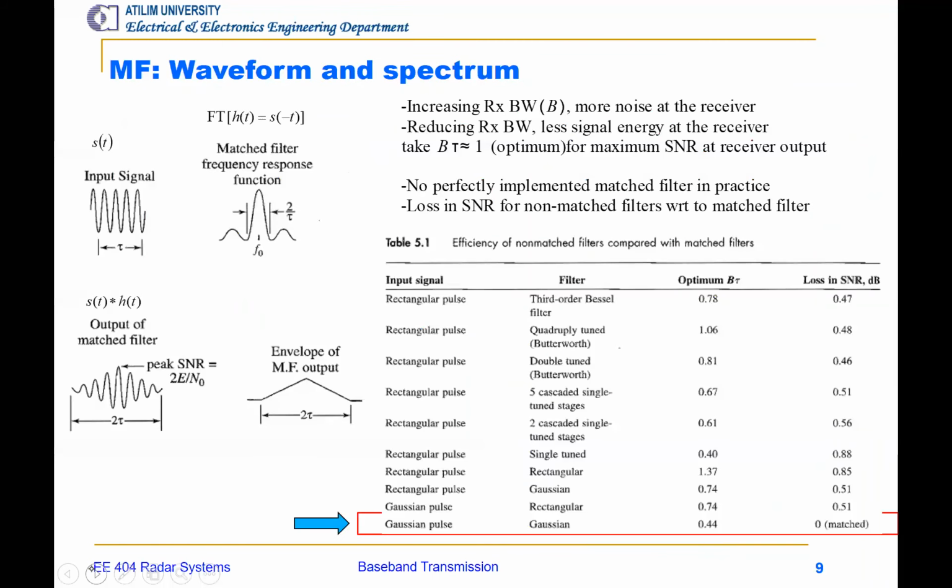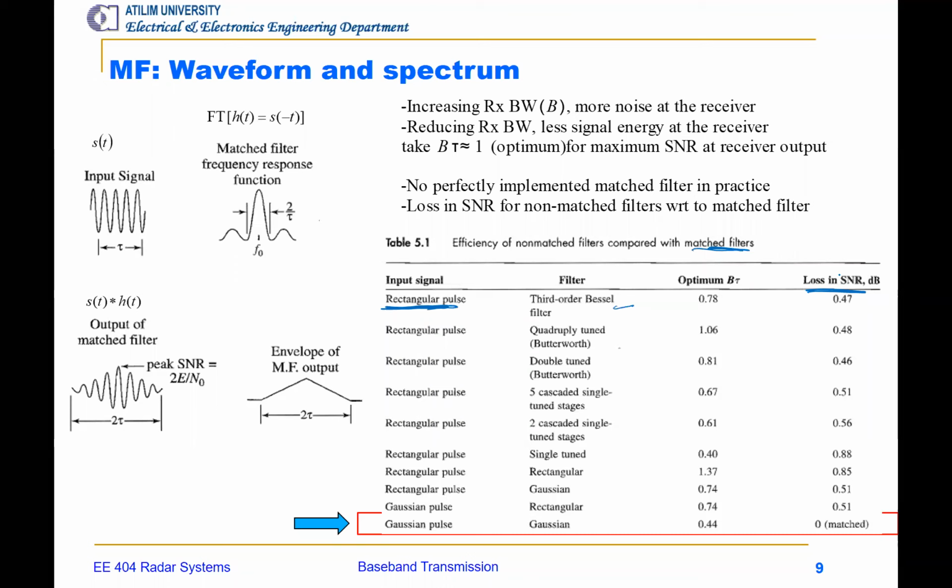Here is a table from the textbook showing the efficiency of non-matched filters compared with matched filters. Here we got a rectangular pulse at the input, and we use a third order Bessel filter, for example. Okay, and we see the loss in SNR. How much loss do we have in SNR when we use a third order Bessel filter?